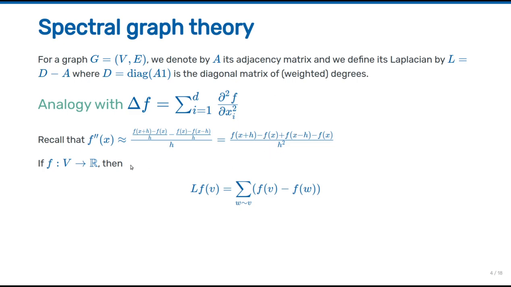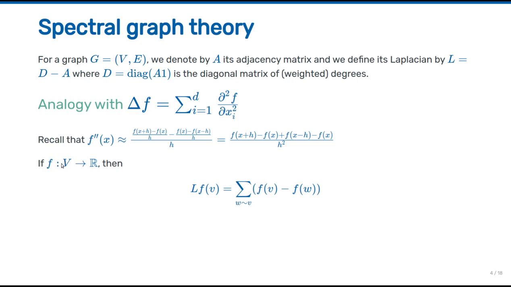So if your graph is a line, you see that you have only two components corresponding to only one direction of the line. But of course, if you are dealing with a graph, you have many directions corresponding to your neighbors.